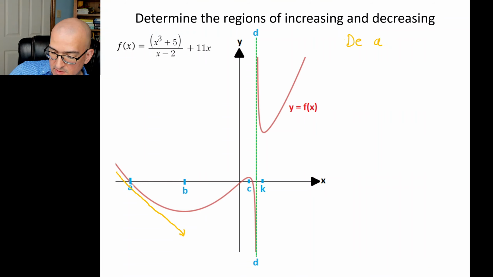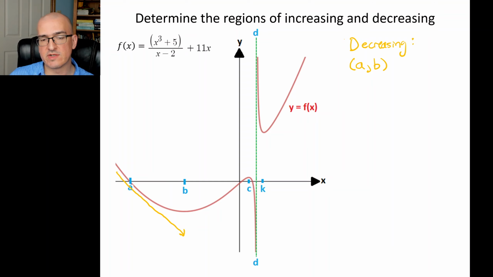Decreasing. I'll just indicate the answer in terms of the letters that are here. It's also going to be true further out. Decreasing on the following interval. So far we have from A to B, and likely from negative infinity to A as well.